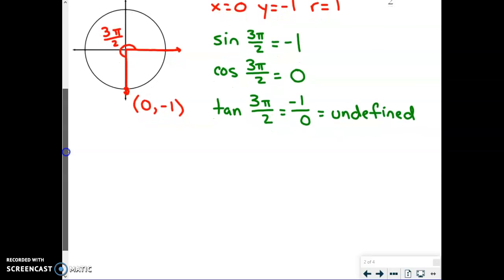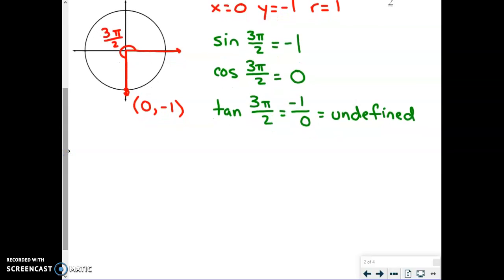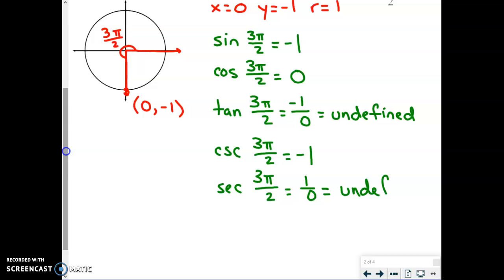So now we take the reciprocals of these, thinking in terms of the radius being 1. The next one would be the cosecant of 3/2 pi, and that would be the reciprocal of -1 over 1, which would still be -1. Now the secant would be the reciprocal of 0 over 1, which would be 1 over 0, and again, like it did with the tangent, it becomes undefined.